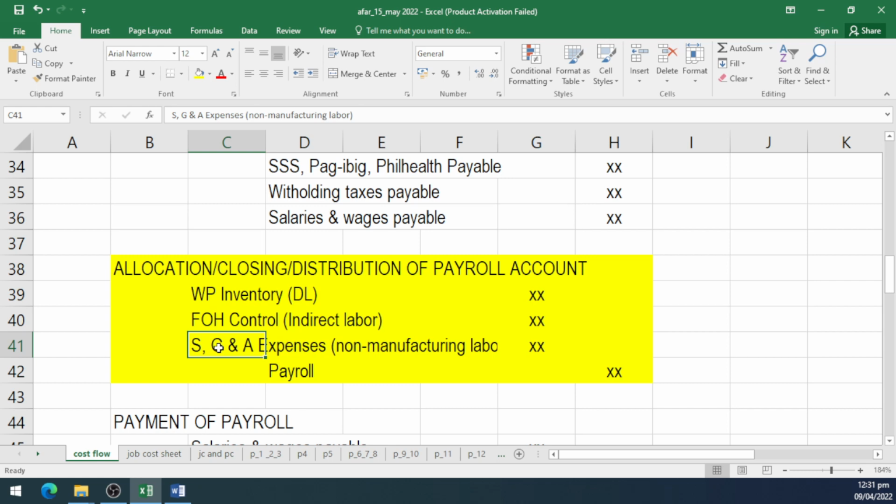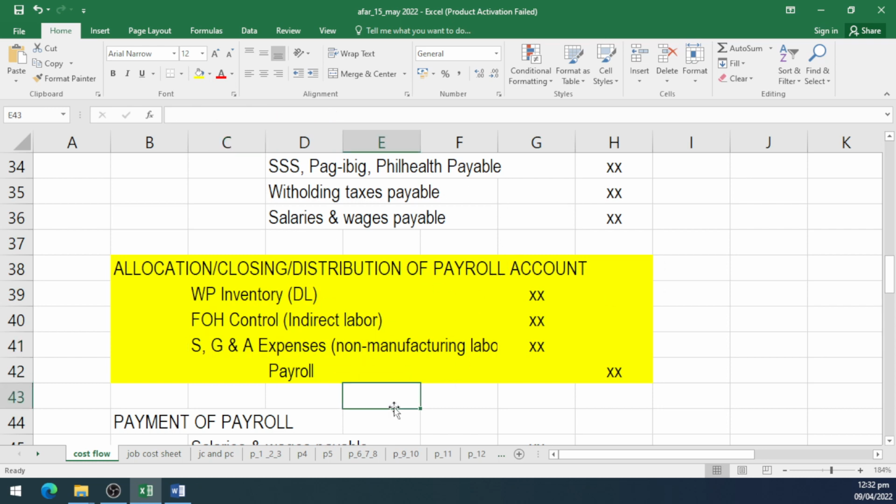In case mayroong self-construction ng PPE, pwede rin mag-allocate doon sa PPE. You have done that sa inyong financial accounting, but we limit our entries and illustration dito sa product costing lang.